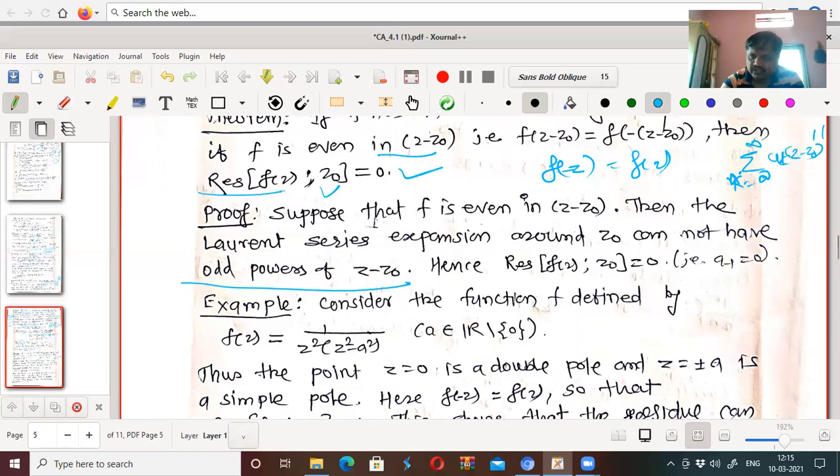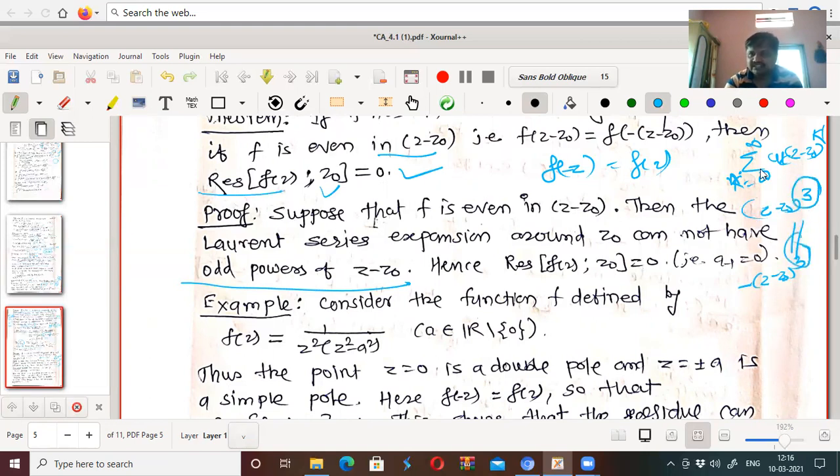Now, it is even only if its powers are even. Otherwise, for odd powers, if I replace z minus z0 by minus of z minus z0, here if there is a term of this type, (z minus z0) cube, what is the minus of z minus z0 to the power 3? We get minus (z minus z0) to the power 3. These are not the same. So these two will be the same only if these powers are even.